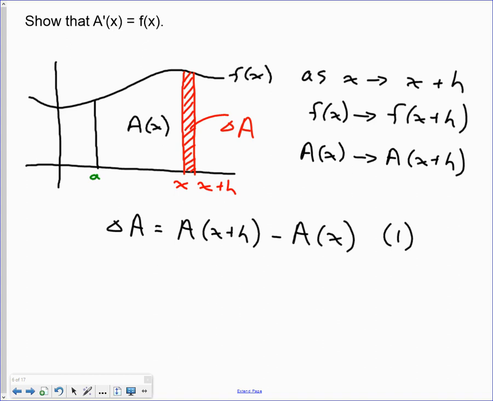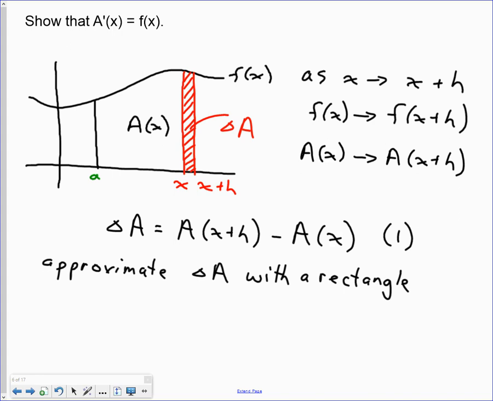We could also do what we did when we were doing approximate integration, and we could try to estimate the size of that red rectangle there by approximating it with a rectangle. So we will approximate delta A with a rectangle.